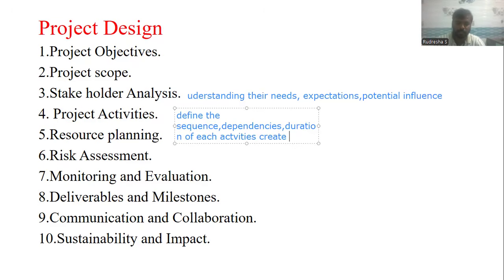Create the project schedule. These are all the project activities.